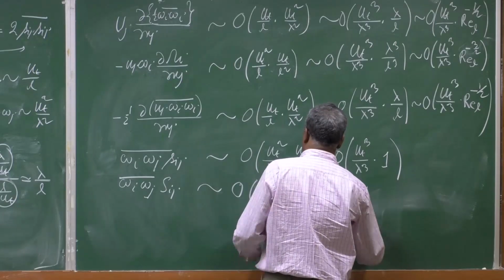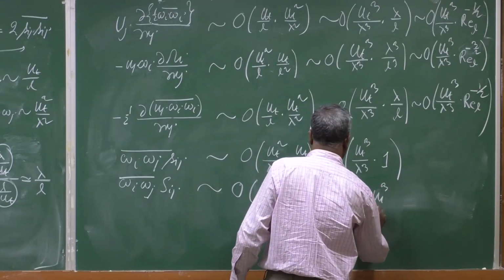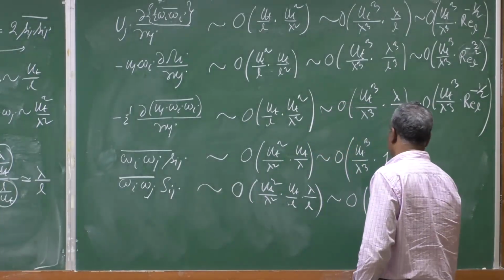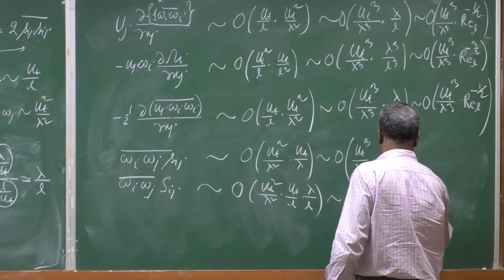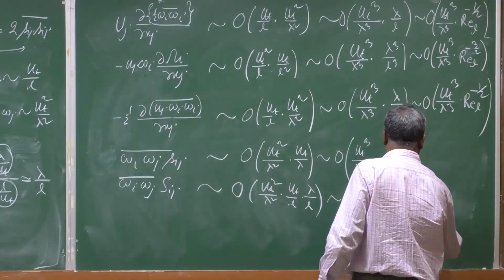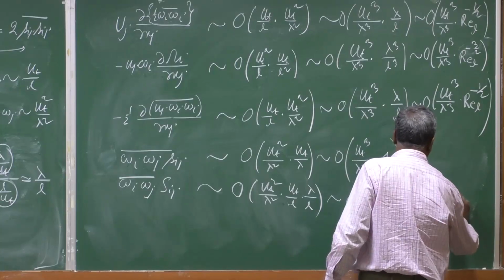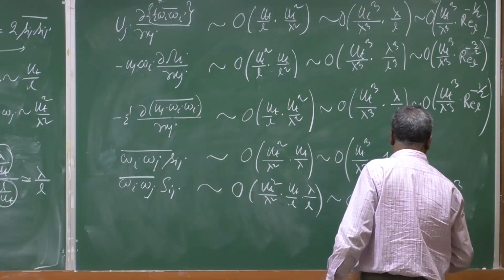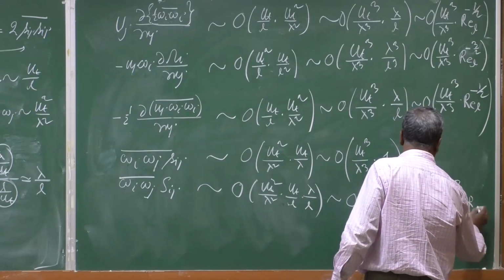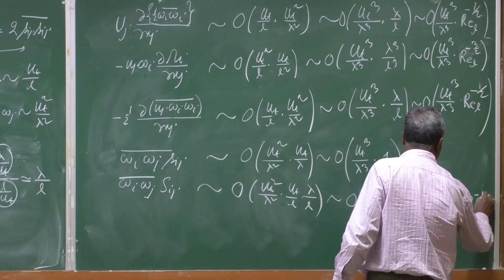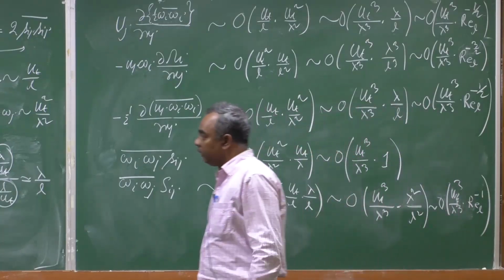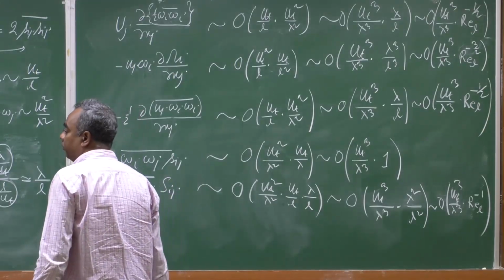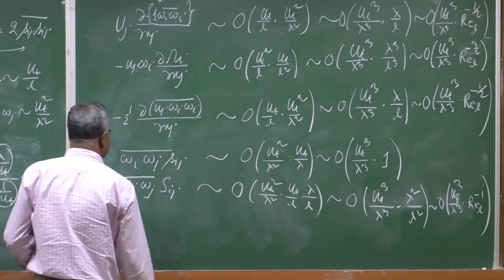So, this is going to be u_t cube by lambda cube if I take, then I can write this as lambda square by L square, which is order of u_t cube by lambda cube into Re_L to the power of minus 1. Okay.